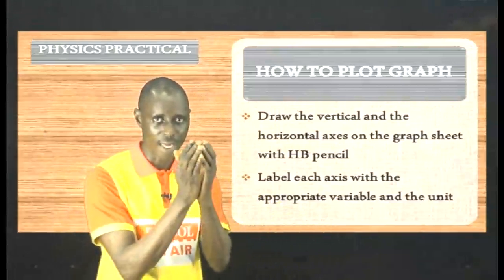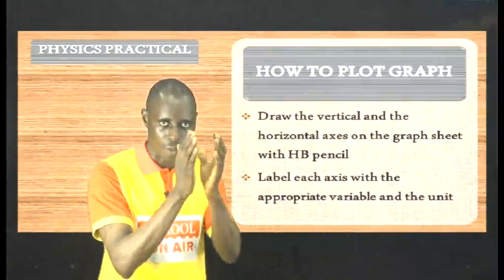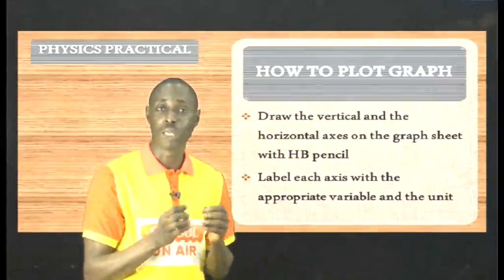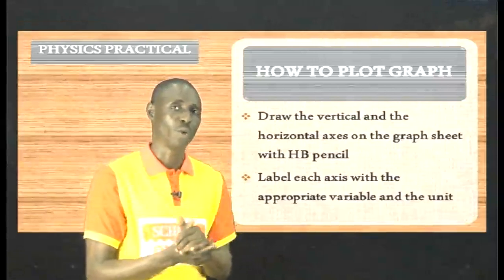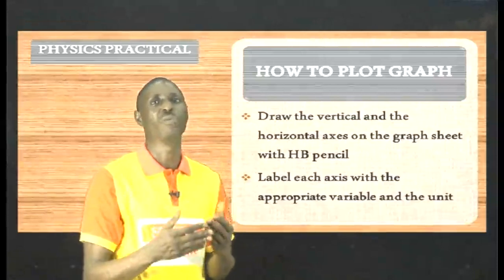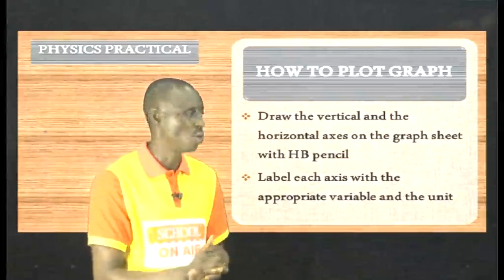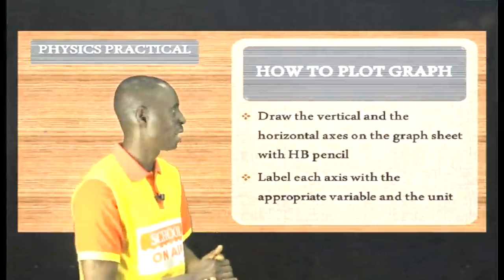So if your y parameters, the parameters that are going to be on the y-axis, show some negative figures, then it means that you have to give space for that also. You have to know this before you start plotting anything on the graph, so that your work will not be messed up or be in a kind of disarray.